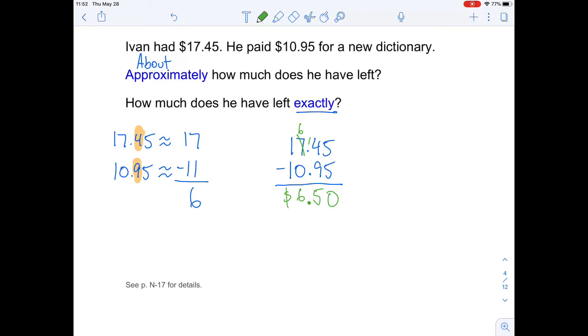So the exact amount that he had left over was $6.50. And our approximated amount was $6. Are they close? Yes, they are. So I would say that my answer is reasonable. This tells me that I probably did not make a mistake when I calculated the real answer, since my estimate is very close.